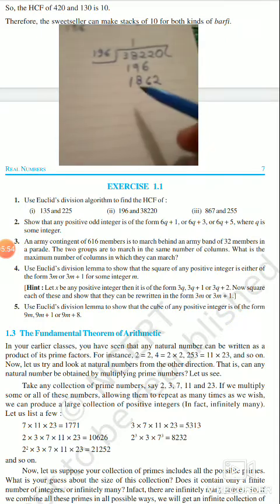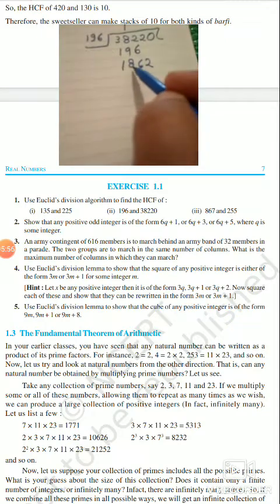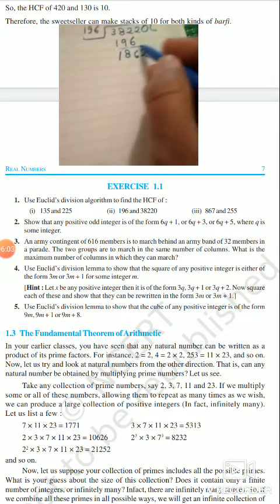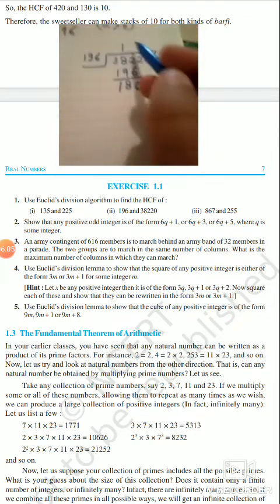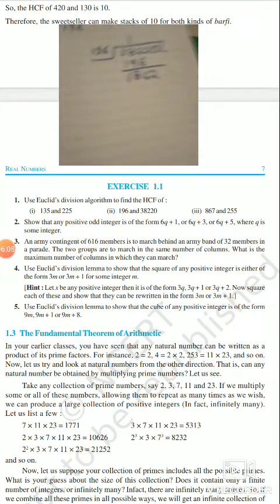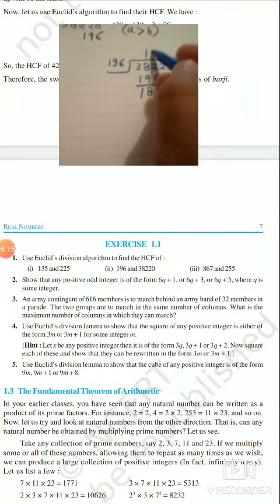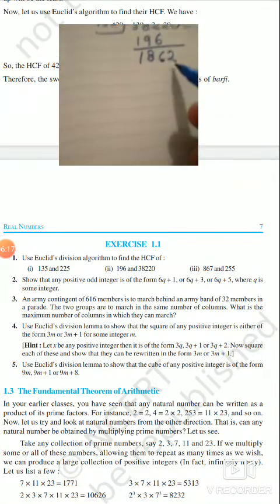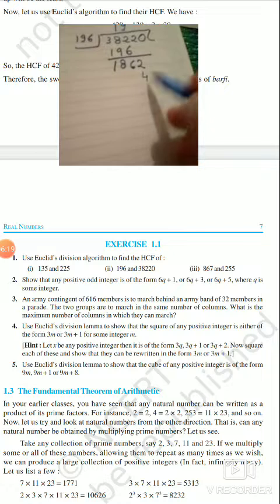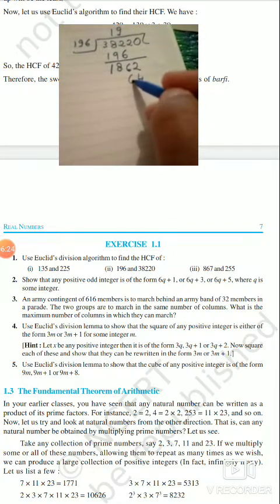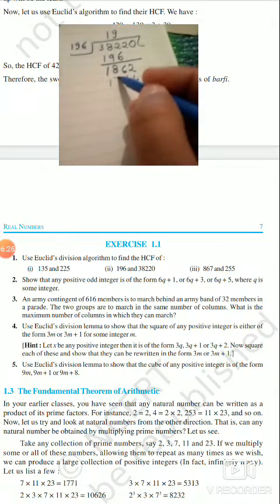So here you can see this first remainder is greater than 196, so we have to divide again. 196 9s are 1764, 9 1s are 9, and so on.